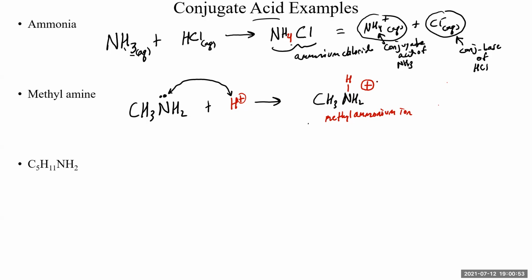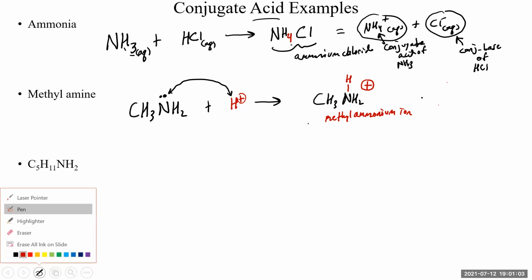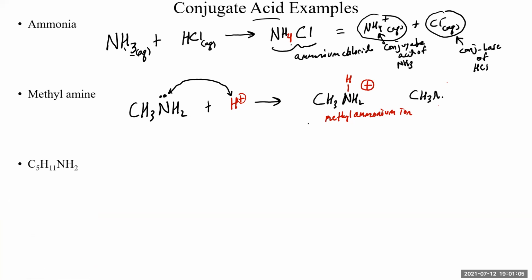It becomes an ion because it now has a positive charge, and it now has an extra hydrogen. You don't have to write it like that. You could just write out the whole thing, CH3NH3 positive charge. By the way, this is not ammonia anymore, right? This nitrogen doesn't have just 3 bonds, it has 4 bonds.